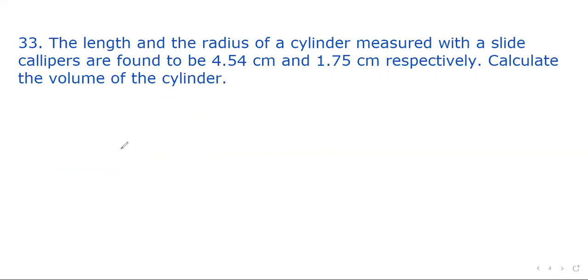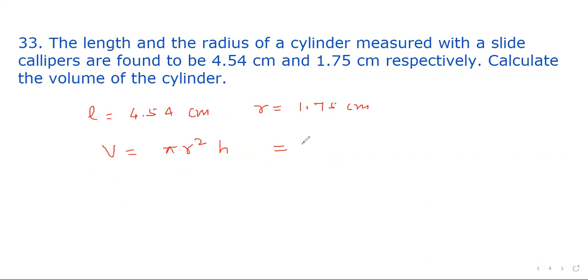Question number 33. The length and the radius of a cylinder measured with a slide calipers are found to be L equal to 4.54 centimeter and the radius equal to 1.75 centimeter. Calculate the volume of the cylinder. So volume of cylinder V equals pi r square h.